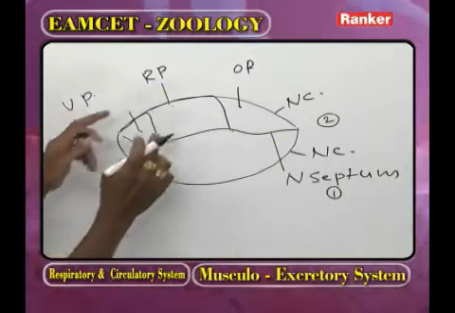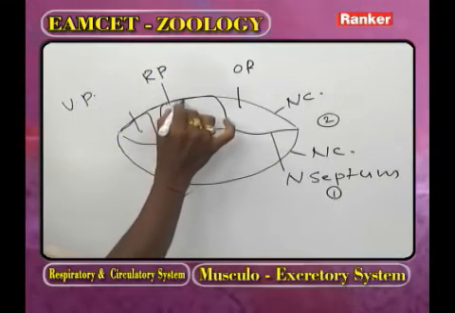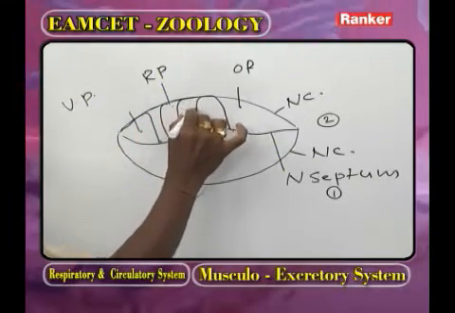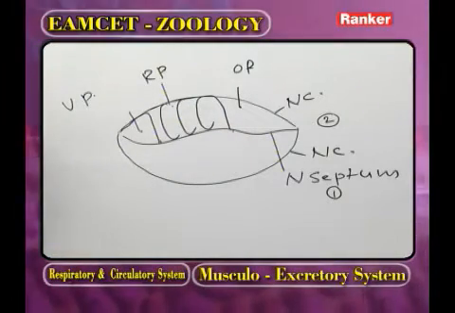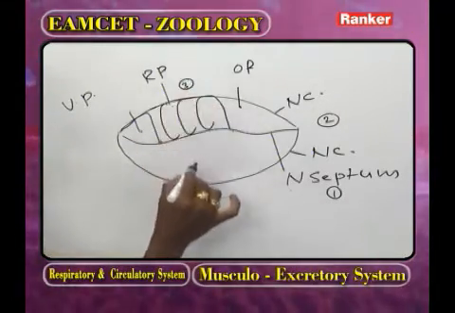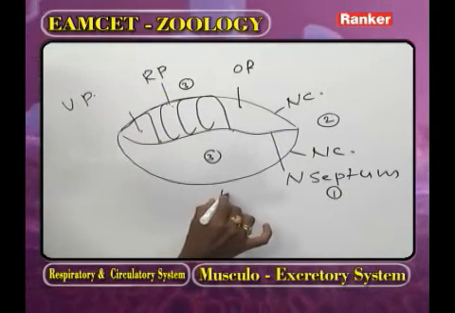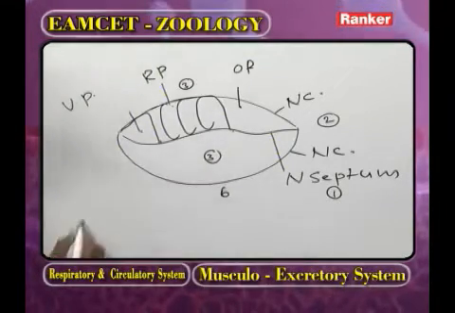Respiratory part. The collapsing of respiratory part is prevented by how many concha? 3 concha here, 3 concha here. Totally 3 plus 3, 6 concha.